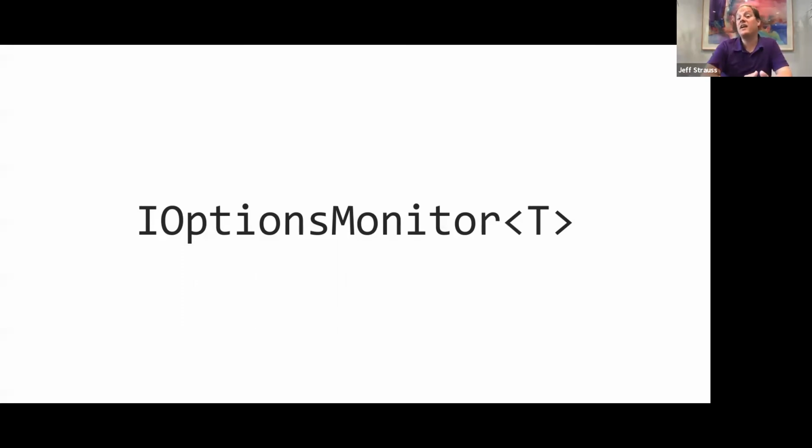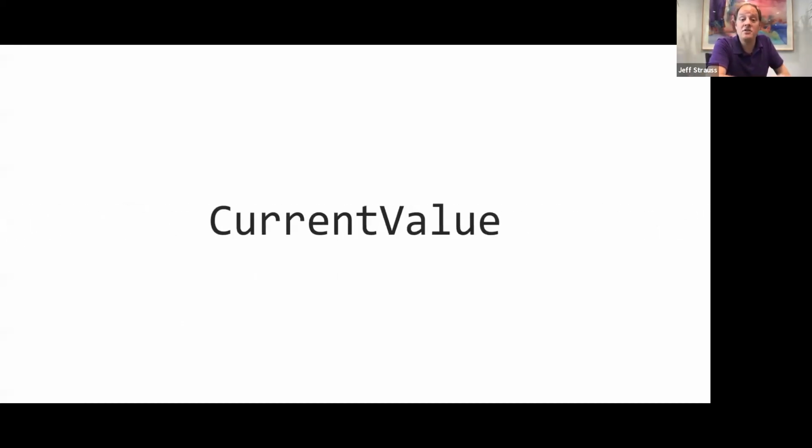So instead, I can inject IOptionsMonitor into my singleton service, and IOptionsMonitor will not only be registered as a singleton and support named options, but I can call .CurrentValue instead of .Value, and it'll always read and rebind whenever I ask what the actual value of my configuration is right now.